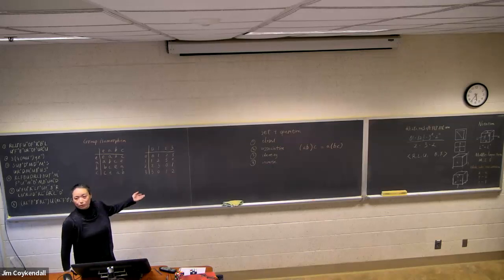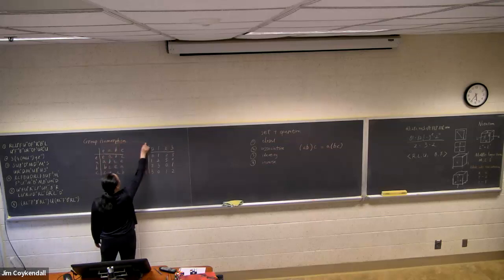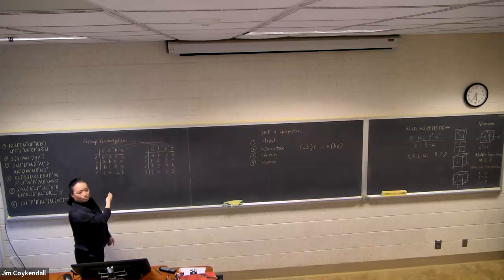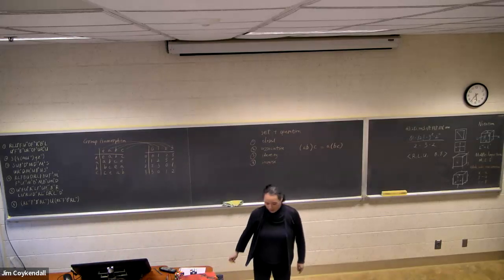Well, they behave the same way, right? In the cyclic way. So E is our 0, A is our 1, B is our 2, C is our 3. They're just being called different names. So these two groups are isomorphic.